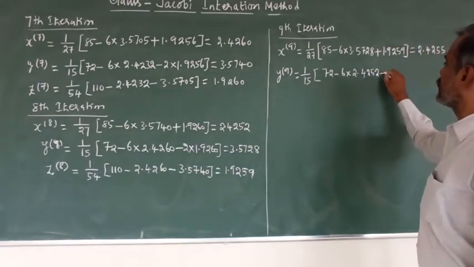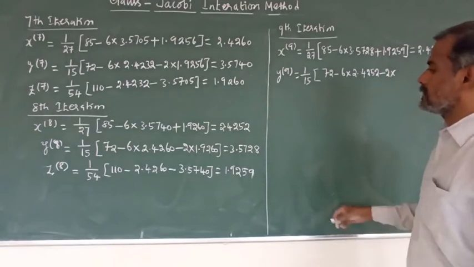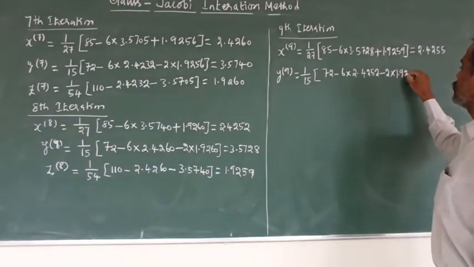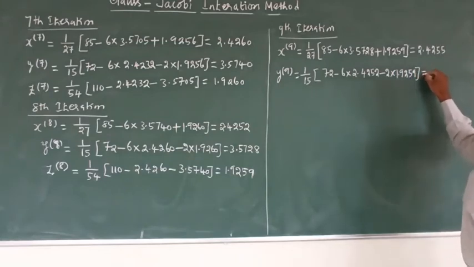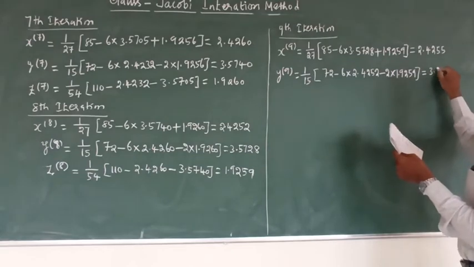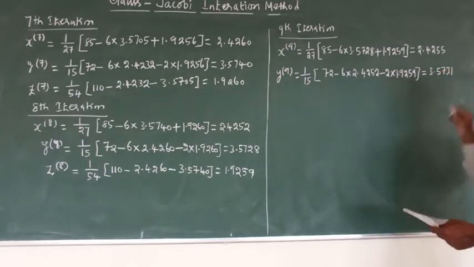2.4252 minus 2 into z value 1.9259, and simplifying we can get the result 3.5731.